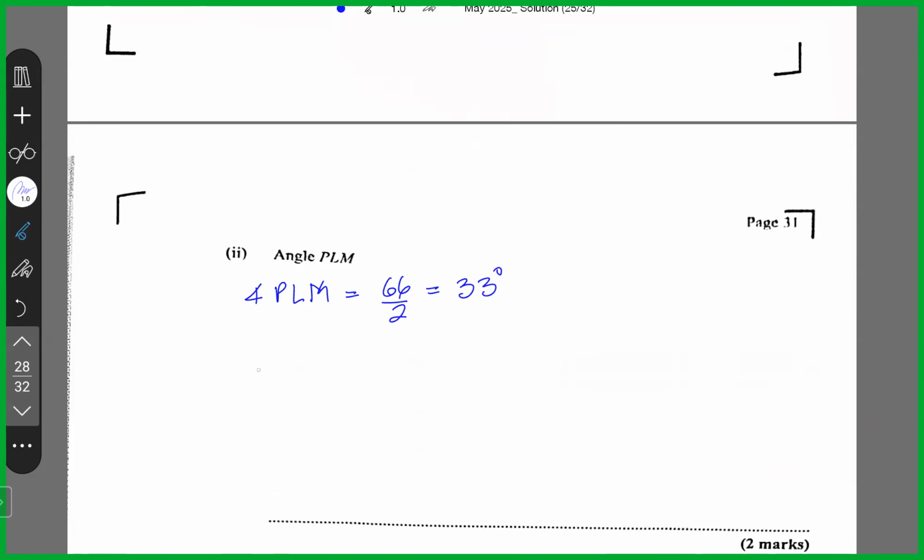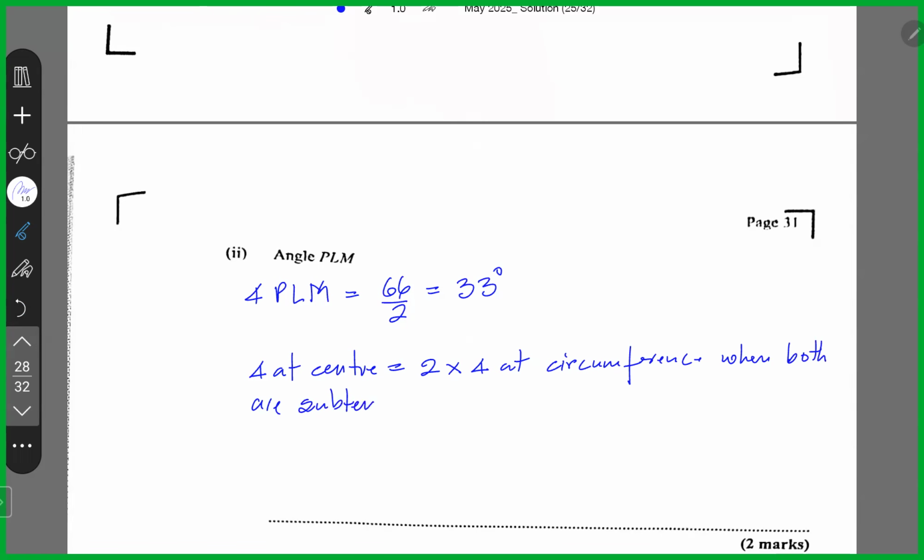And the reason is angle at center is equal to 2 times angle at circumference when both are subtended by the same arc or chord.